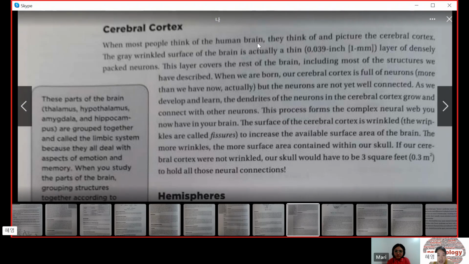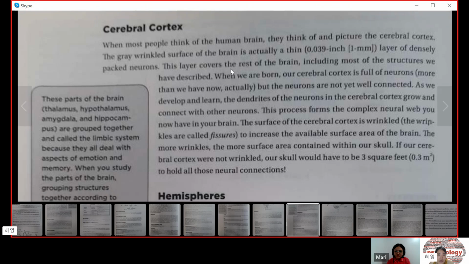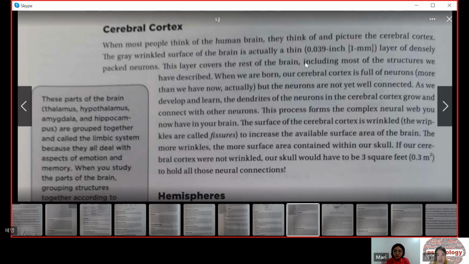The gray wrinkled surface of the brain is actually a thin layer of densely packed neurons. This layer covers the rest of the brain, including most of the structures we have described.